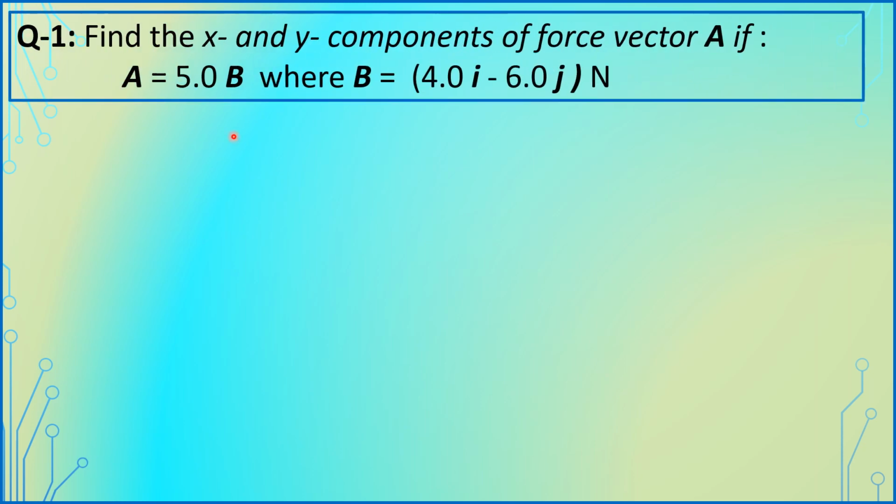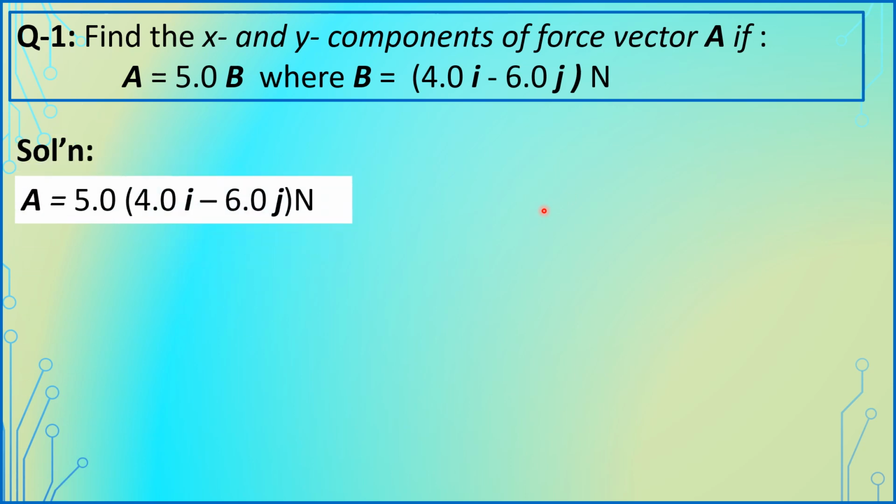So for our first example, question number 1: find the x and the y components of a force vector, vector A, if vector A is equal to 5.0 times vector B, where vector B is expressed as 4.0i minus 6.0j, expressed in Newton.